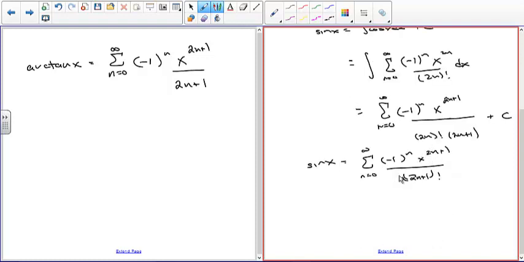So the only difference between what I found in the book and what I derived by integrating the series representation of the cosine is this part, but 2n plus 1 factorial is going to be equal to 2n plus 1 times 2n factorial.